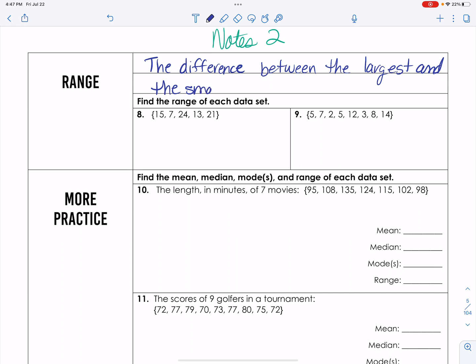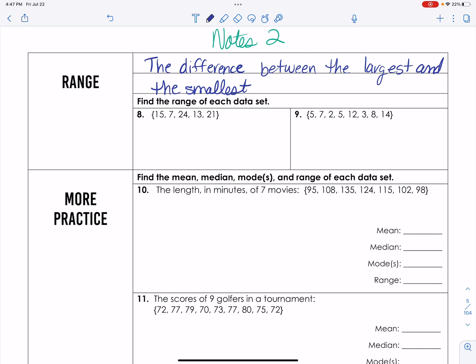So you're going to take those two things and you're going to subtract them. But if you were graphing, your range is something different. And you haven't learned that yet, but just know that in math, they actually use the word range multiple times.